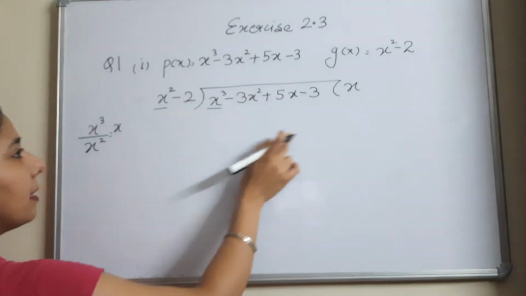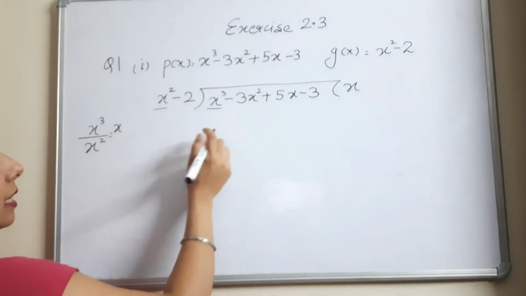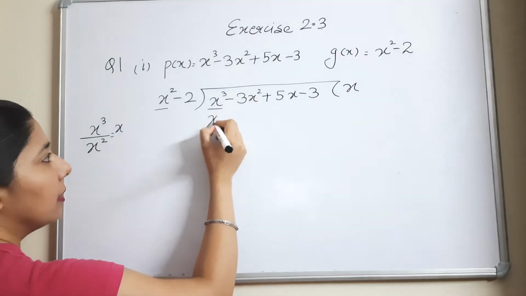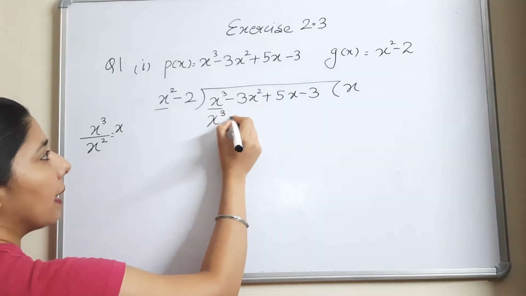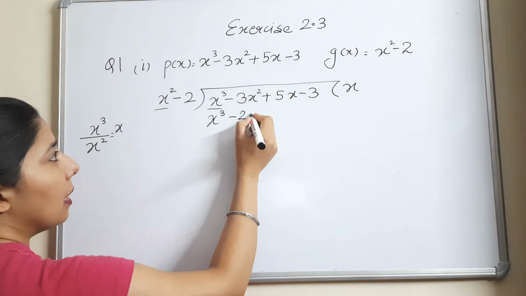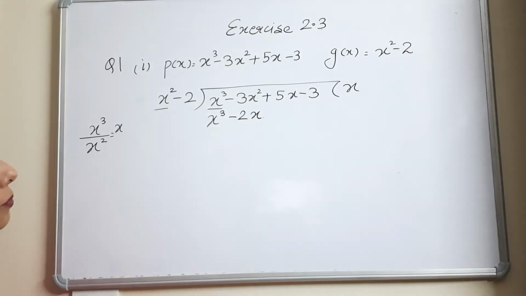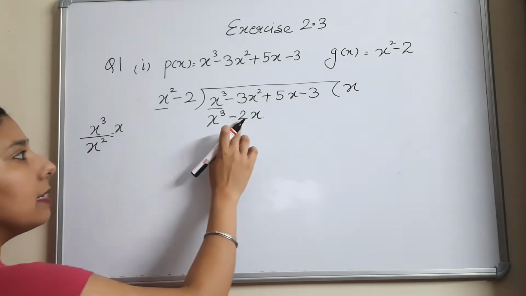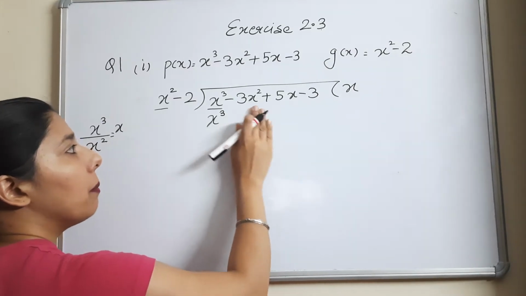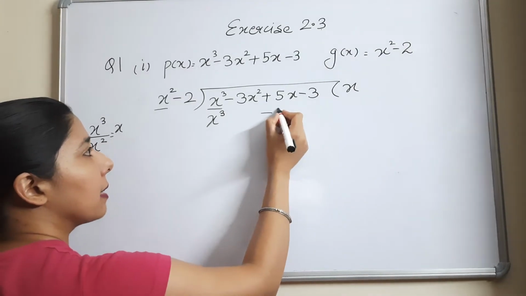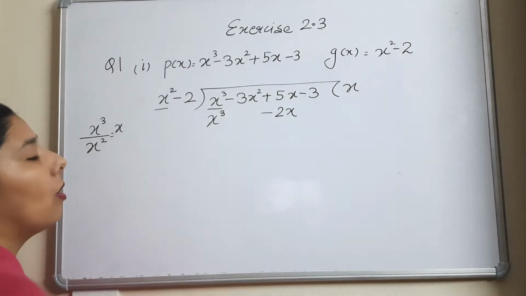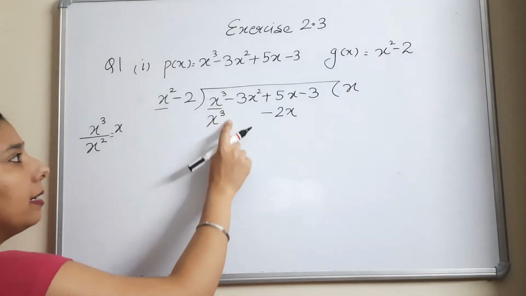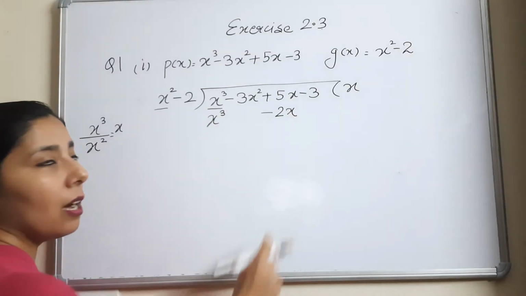Now we will multiply this x by g(x). What you get is x cube minus 2x. Fine. So this 2x will be written below my plus 5x. Always make sure that the same degrees are written one below the other.